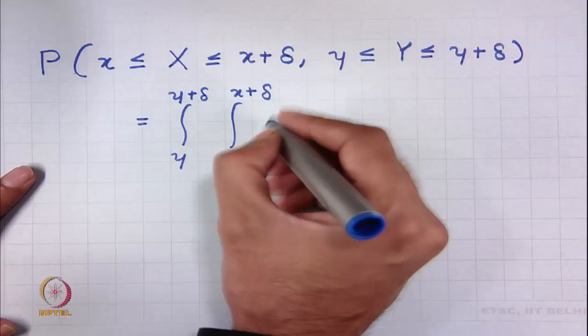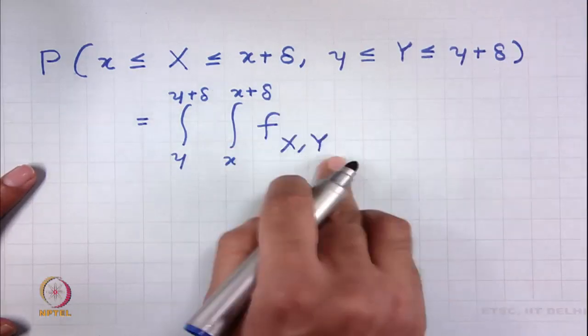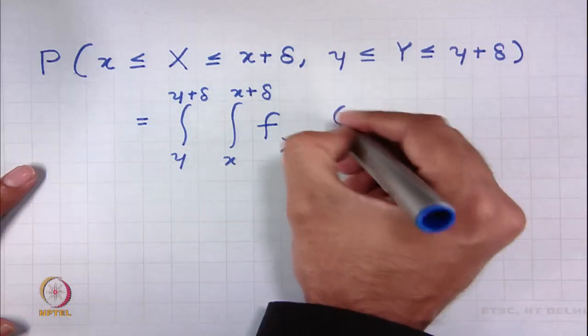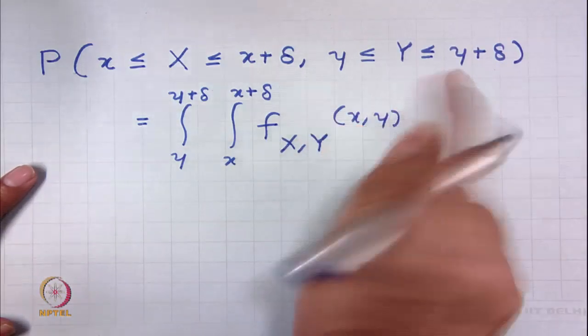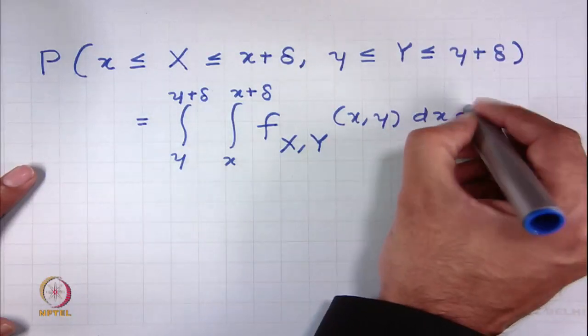Okay. Then I have f x y. So, these are the random variables, and this is the numerical value of the random variable, dx dy.